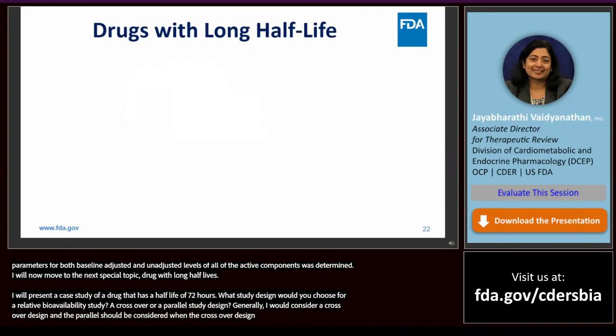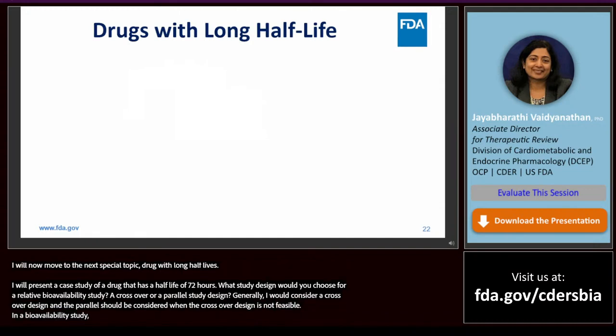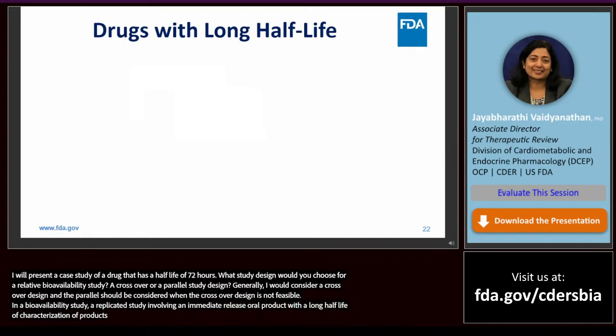In a bioavailability study or a PK study involving an immediate release oral product with a long half-life, a characterization of the product's half-life should include blood sampling over an adequate period of time.